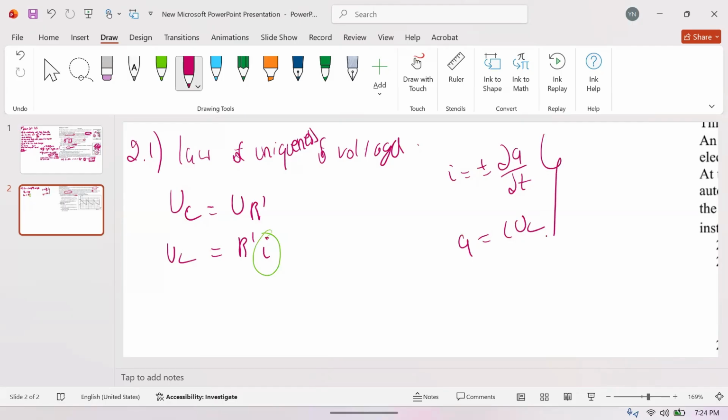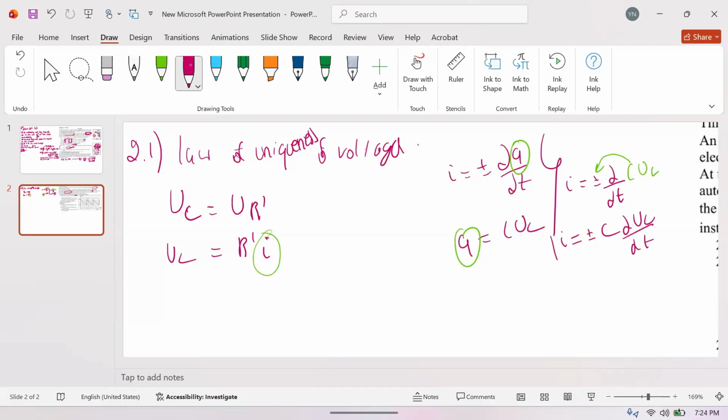If I fit these two formulas together, q here can be replaced by q here. So I will be getting i equals plus or minus d over dt, and instead of this q, I will replace it by its formula, which is C UC. And since C is a constant, I will keep it outside the derivative. The constants don't have to be inside of d over dt. So plus or minus C dUC over dt.